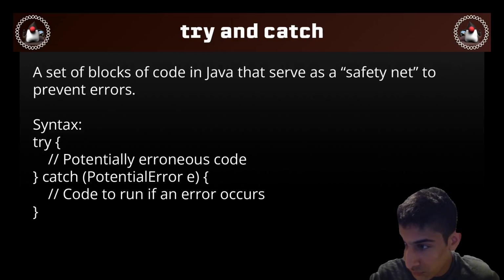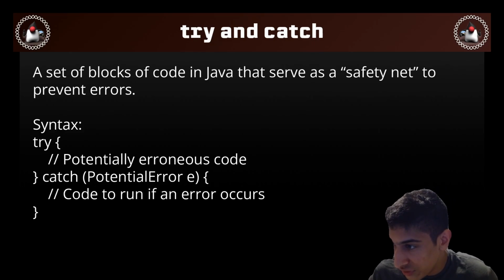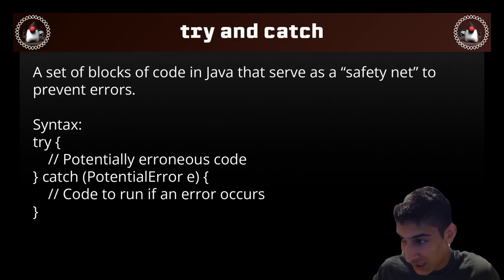And then after the try block, we have a catch block. And so it consists of catch, and then inside a pair of parentheses, the name of a potential error that could occur, and then we can just call that e so that we can easily refer to the error inside of our code that should run if an error occurs inside the catch block.